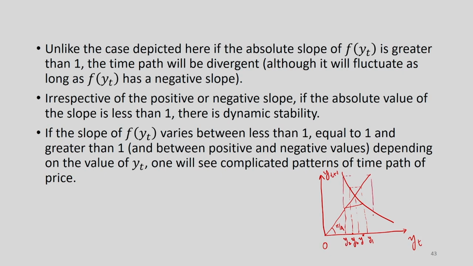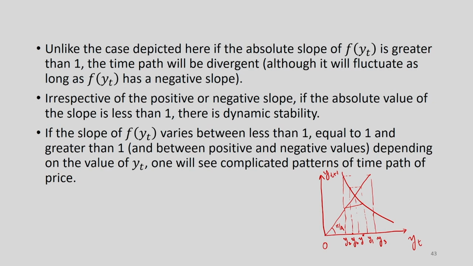This is y3. So, as you can see, we are moving away from y star. First we were here quite close to y star, then we are going a little bit away from y star, y1, and then y2. Again the gap is rising from y2 to y star, and at y3 the gap is rising even more. So, actually you are going away from the equilibrium, there is divergence.